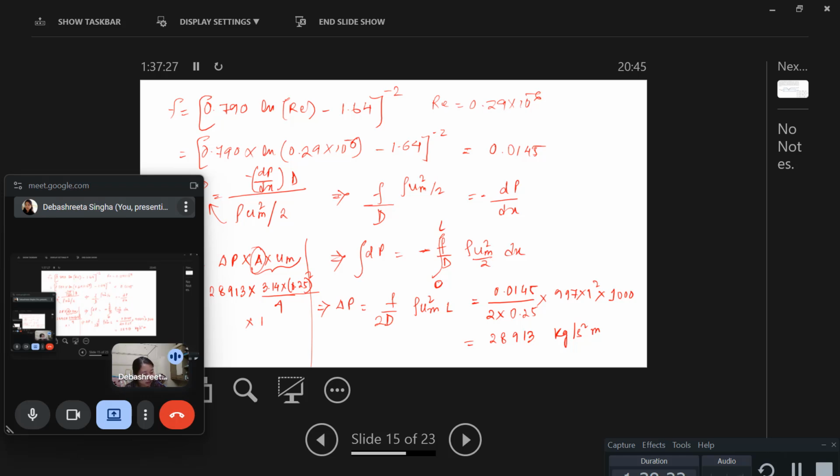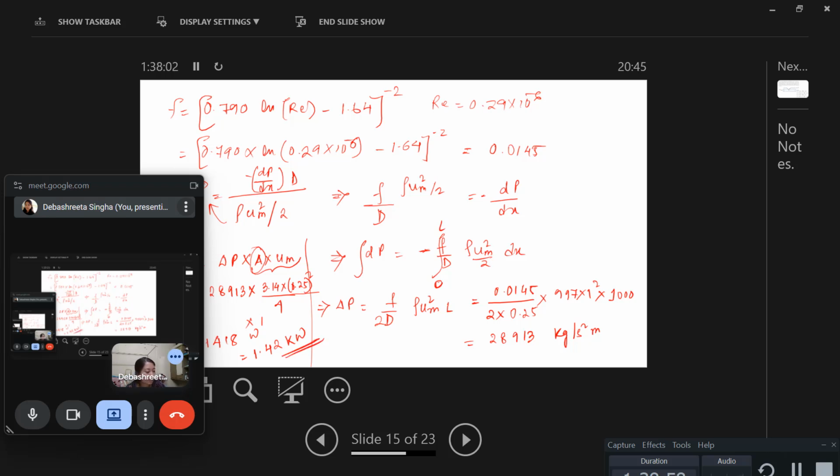If we calculate it, we get 1418 watt, or 1.42 kilowatt, also you can write.